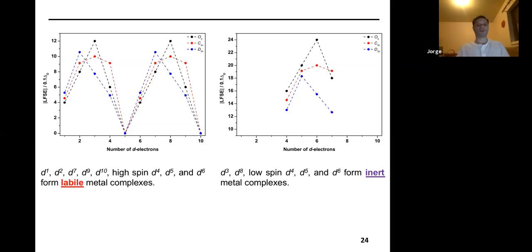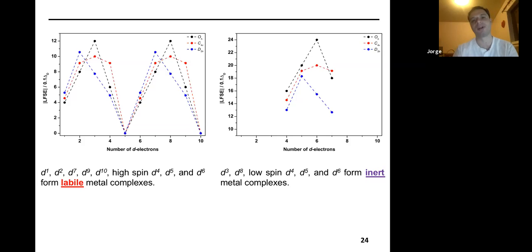Okay, so I showed you 4 factors that influence substitution in these reactions: size of the metal, oxidation state, chelate effect, and the energy of the intermediate that we calculated together using the ligand field stabilization energy.